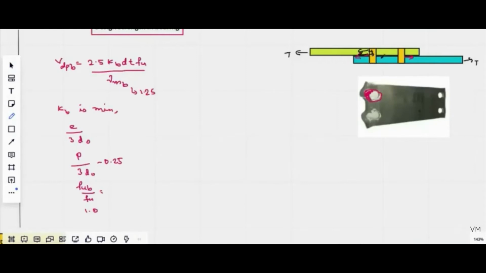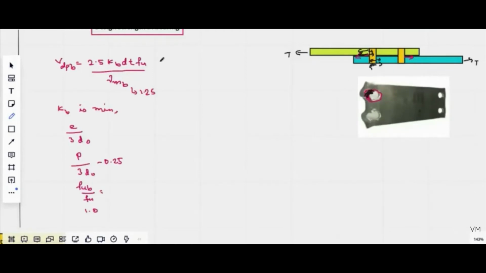Similarly, the bottom plate also tries to move in the direction of the applied tensile force, and again the second half of the bolt will counteract it. This is how the bearing of the plate comes into existence, deforming the plate.